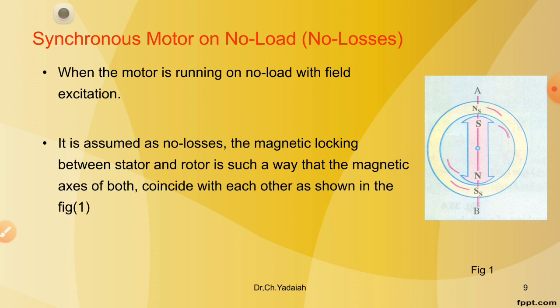Here, the north pole of the stator and the south pole of the rotor coincide, interlocked at both A and B. So at the A and B axis, the stator axis and rotor axis coincide, and there is no difference between the axes. In this case, let us first assume what will happen.